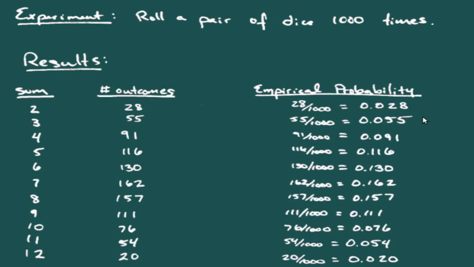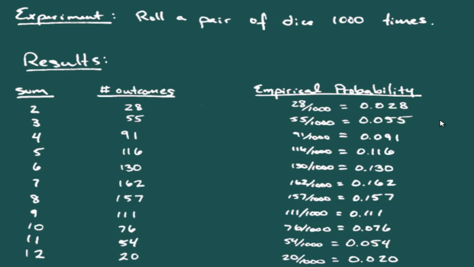Now, if you remember, the theoretical probability of getting that 2 was going to be 0.02778. So it's pretty close, actually, to our theoretical probability.